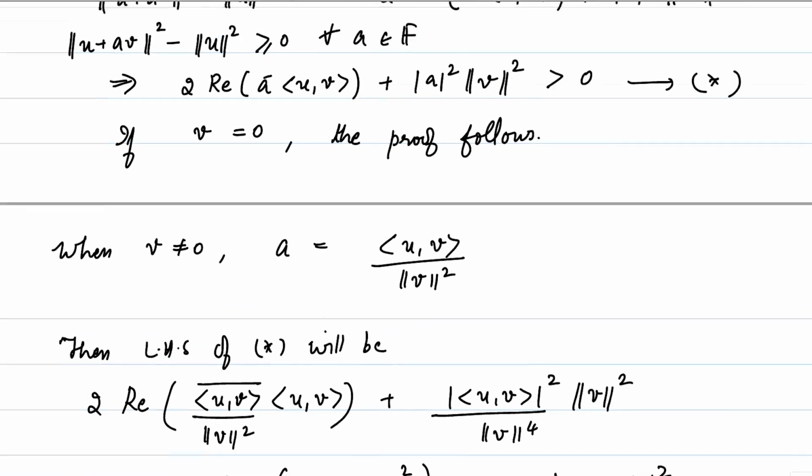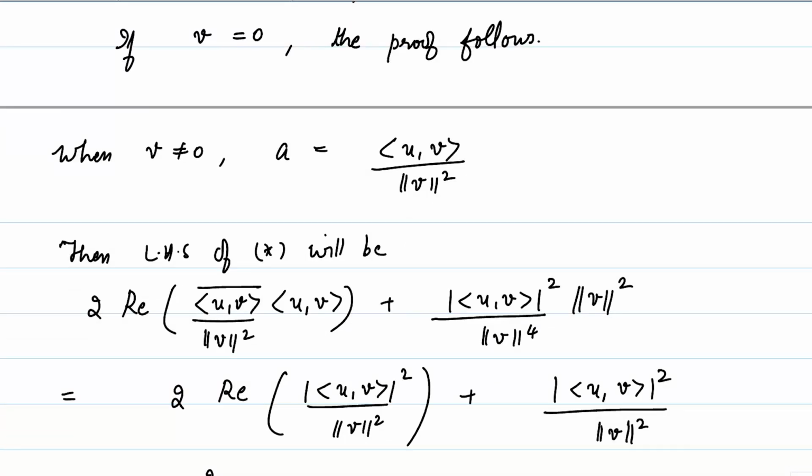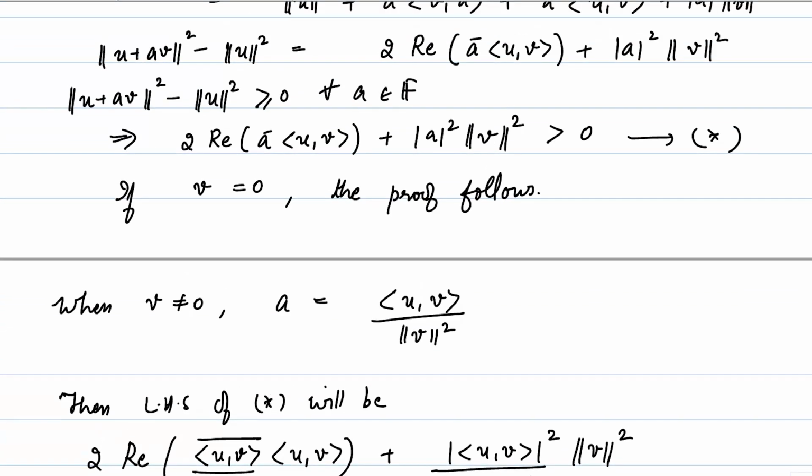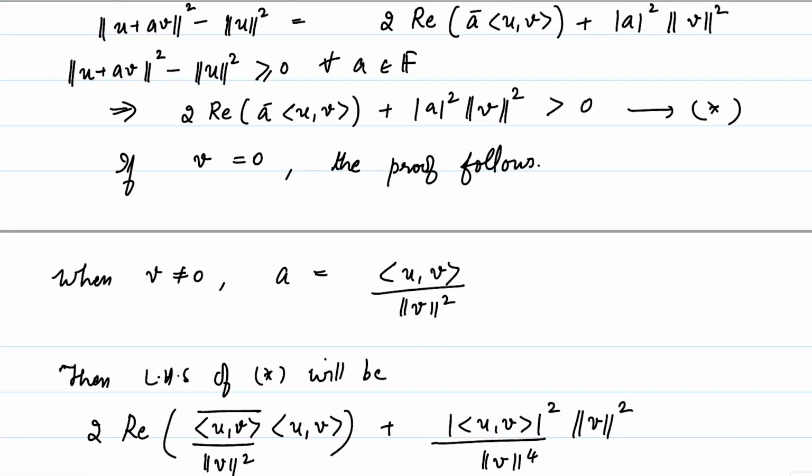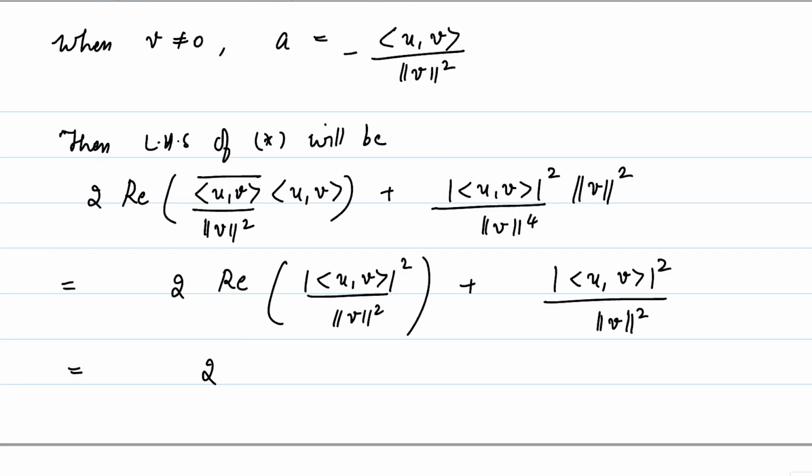let me be a little careful here, so let's do one thing. This will not work, so what we'll do is we'll change the sign a bit. Let's put a to be minus of this number. That is when the fun begins.